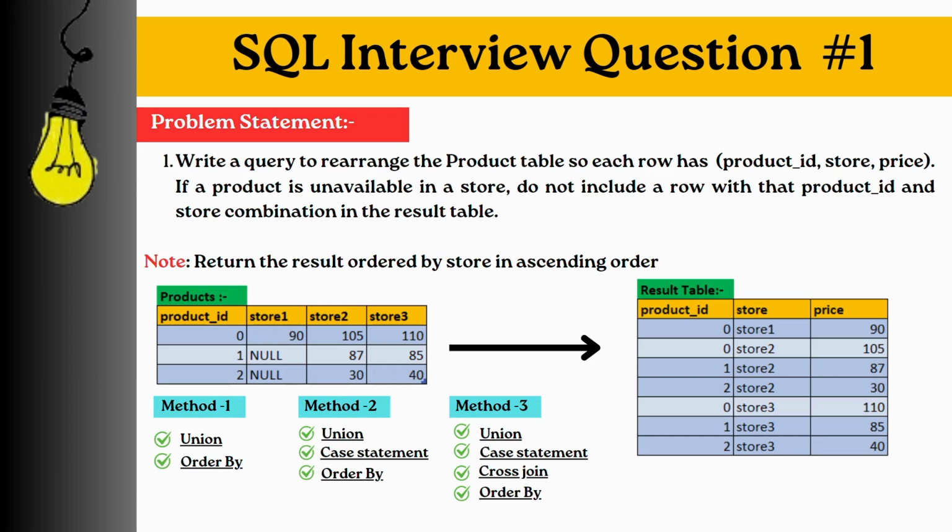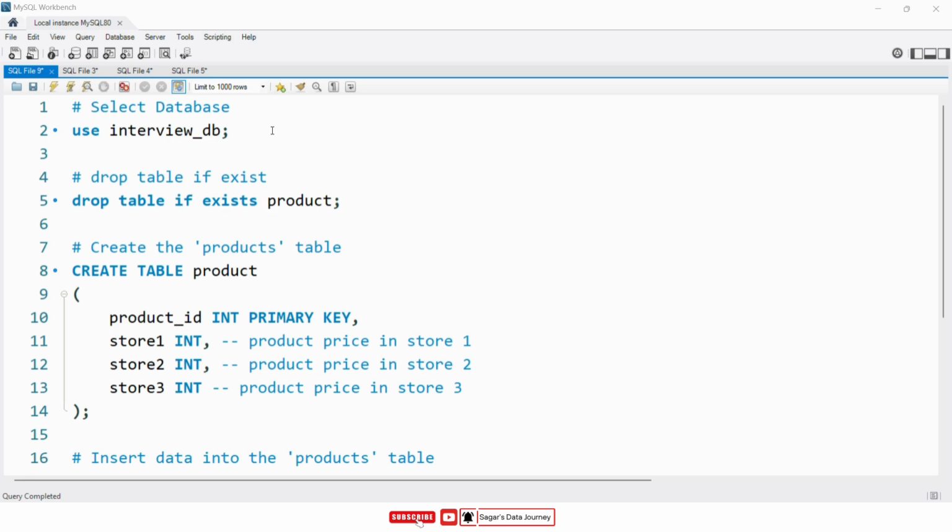First, let me jump to MySQL Workbench to create this sample input table. Let me start by selecting a database where I want to store the table using a use command. Let me execute this one, and I want to drop the table if it already exists in this database using drop table if exists, and we have to mention the table name, that is product.